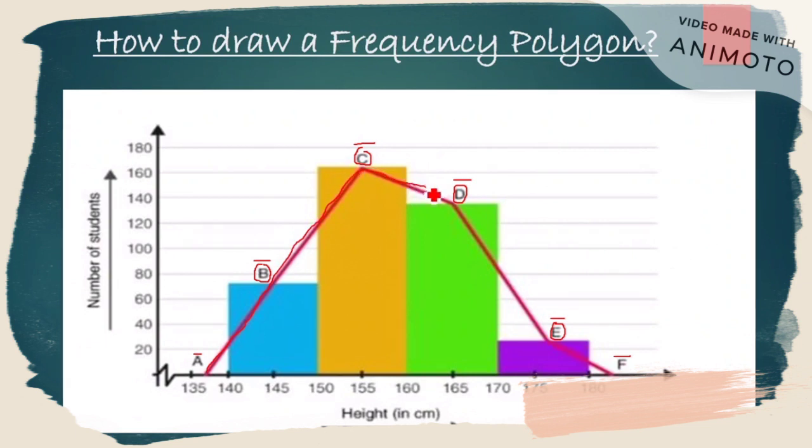As you all can see on the slide, this obtained figure A, B, C, D, E, F is a frequency polygon. Hope it's clear to all.